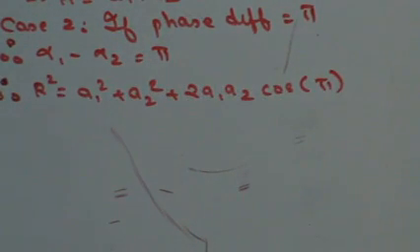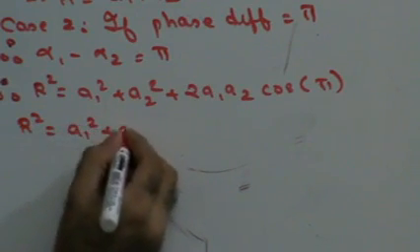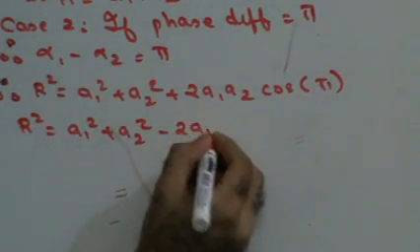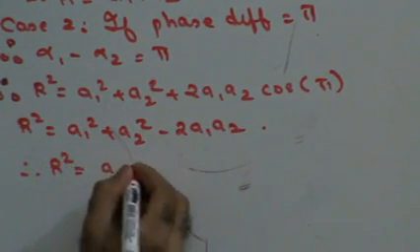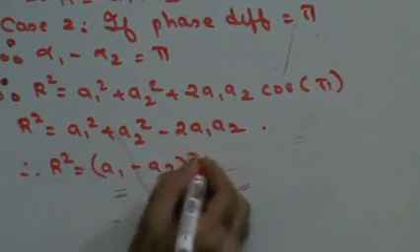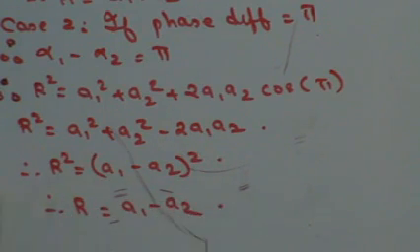Cos 180 is minus 1. Therefore R square is equal to A1 square plus A2 square minus 2A1 A2, which is A1 minus A2 the whole square. Therefore R is equal to A1 minus A2. So if the phase difference between them is pi, then the resultant amplitude is the difference between the two amplitudes.